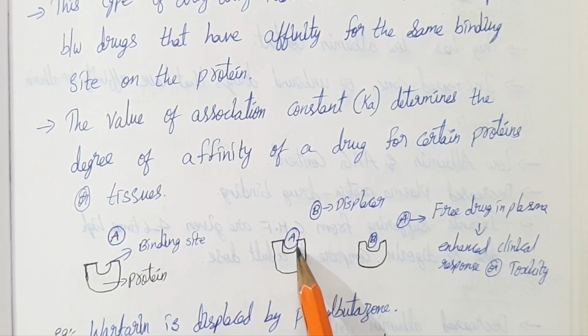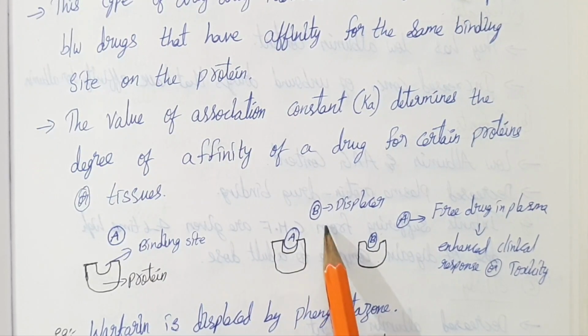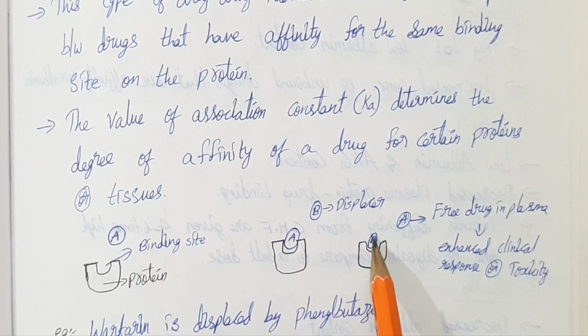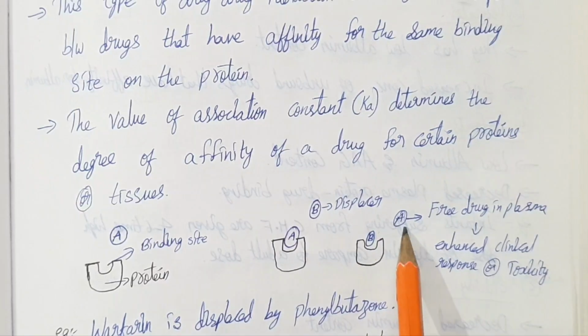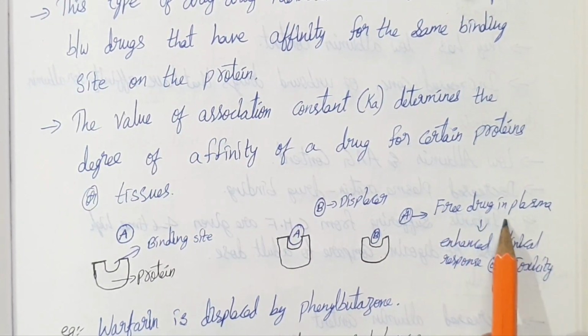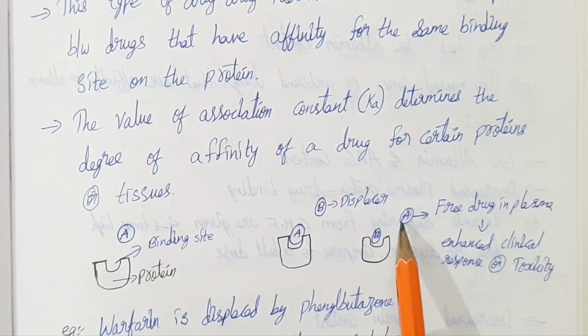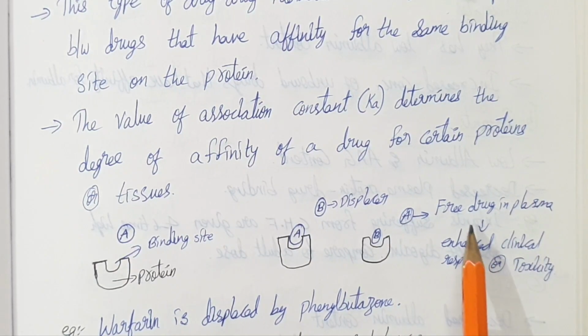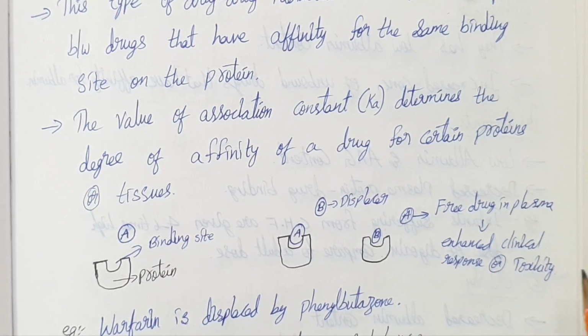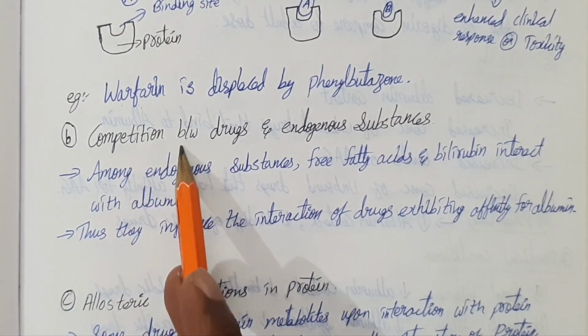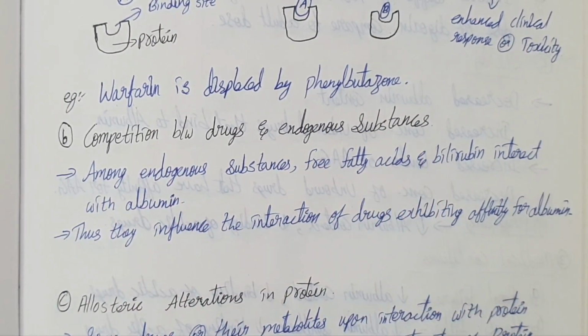So it comes here and replaces it, and it gets bound to this protein. So what happens? Now the B drug is bound to protein and A drug concentration in plasma increases because it has nowhere to bind. So what happens after a certain point? The patient might feel toxicity. Toxicity can occur.